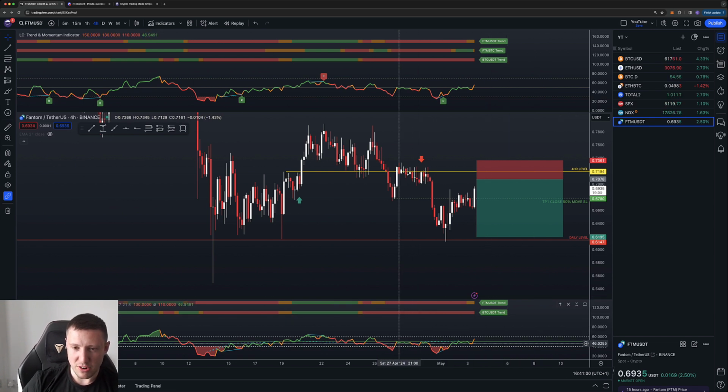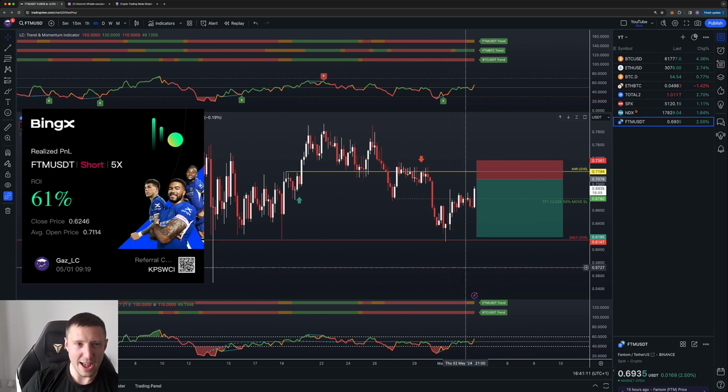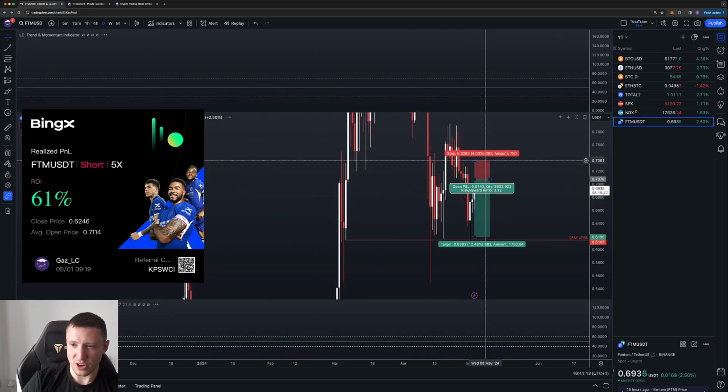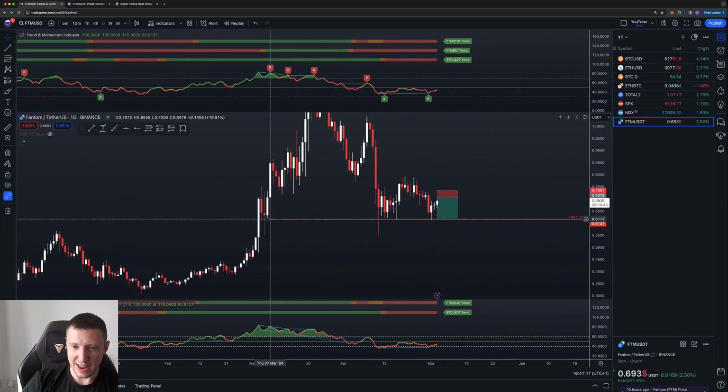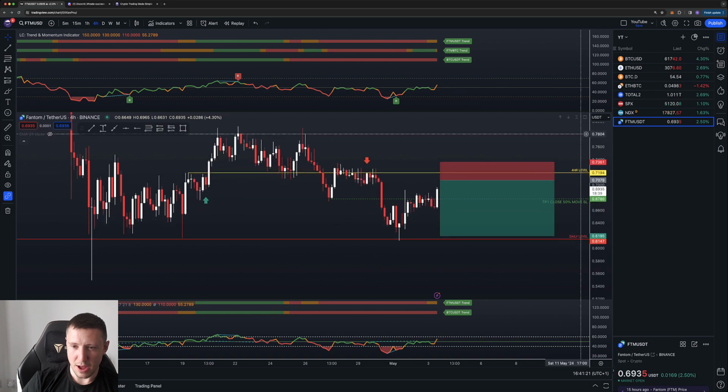But we were below the RSI 50 and we were starting to break down. So we entered here, TP1 at 67.8 cents, which we hit, and then we got out right at the bottom here at this daily level down here at 61.5 cents, which I highlighted and targeted back on Monday's video. You can see clear level of daily support there. Got out right at the bottom, and now you can see we are bouncing up again.